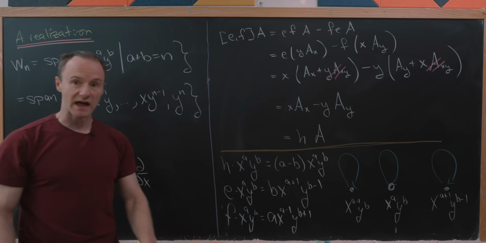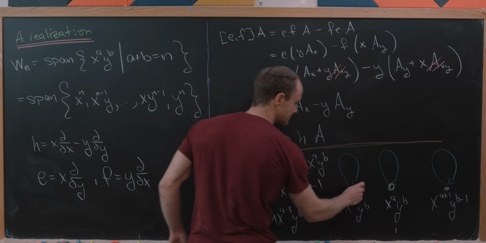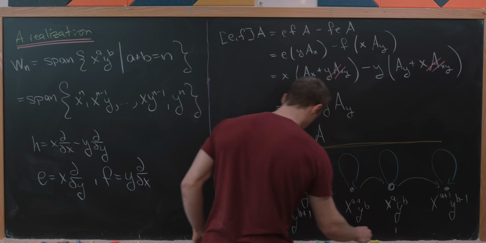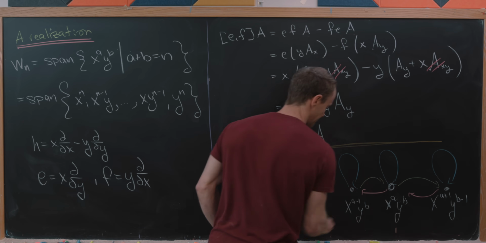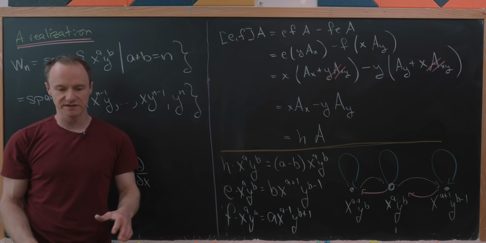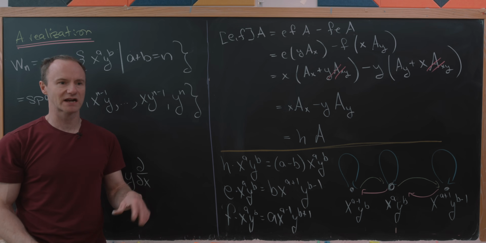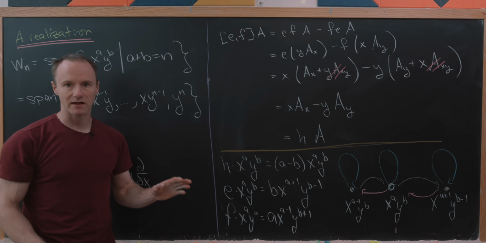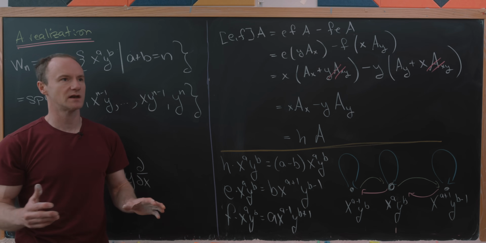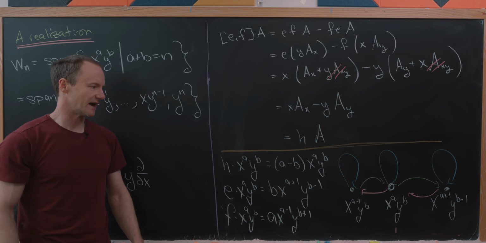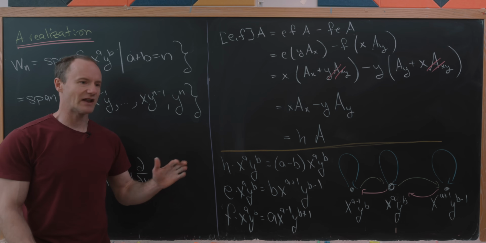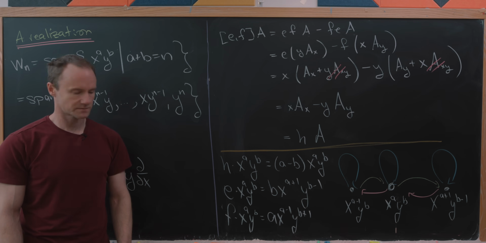And then we've laid this out so that e is pushing us up the chain, and then f is pushing us down the chain. Now, if you check, you'll see that e and f don't act with the same scalars as they did before, but you can re-index or maybe re-normalize the basis here to have it act with exactly the same scalars.